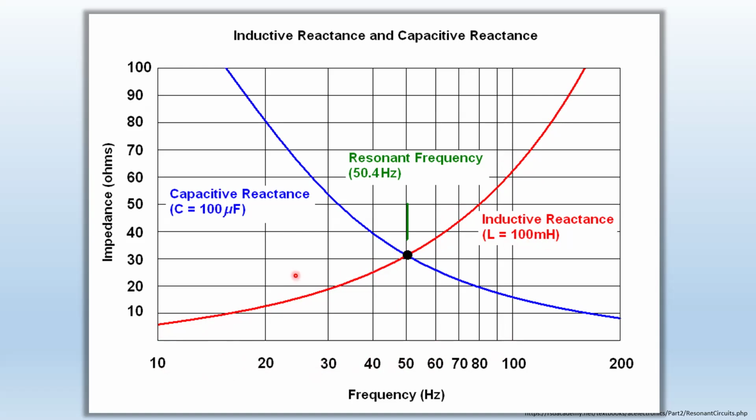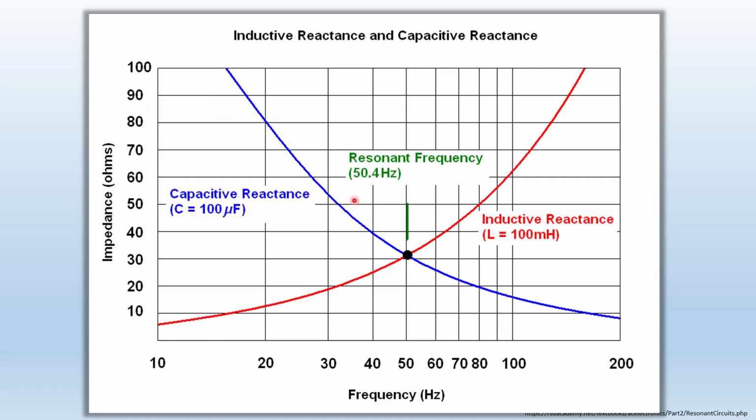All right. Now, when it comes to getting a certain size of capacitor, let's say we're getting 100 microfarads, then of course when the frequency is low, the capacitor is going to resist more. So the curve is going to look like this.